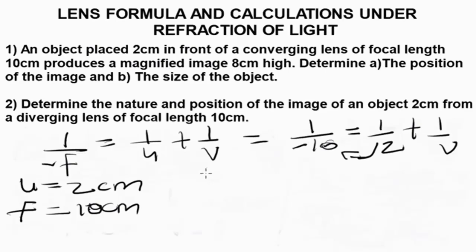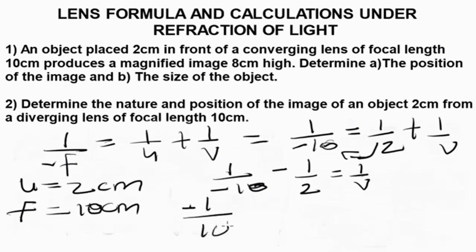So we're going to have 1 over minus 10 minus 1 over 2 equals 1 over v. Now, in mathematics, it's not proper for a negative sign to be at the denominator, so this minus sign under 10 will go up. This whole expression will now be minus 1 over 10 minus 1 over 2 equals 1 over v.